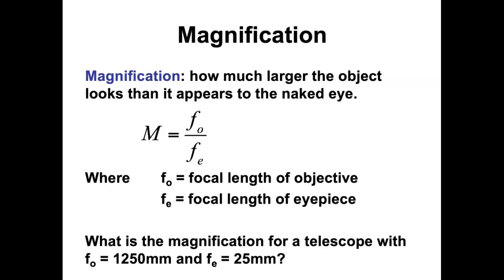So let's just say, for example, if you built a telescope where the objective has a focal length of 1250 millimeters and the eyepiece has a focal length of 25 millimeters, what magnification will you get from that? I'll let you grab your calculator.